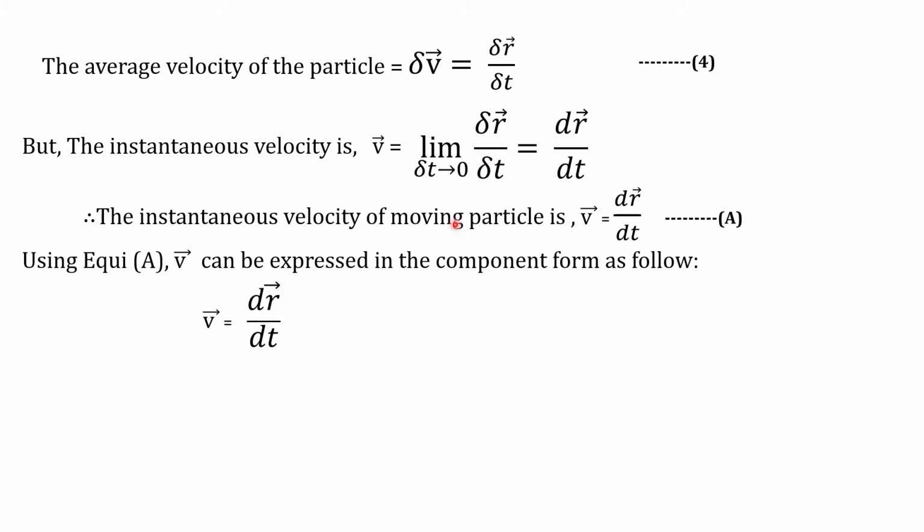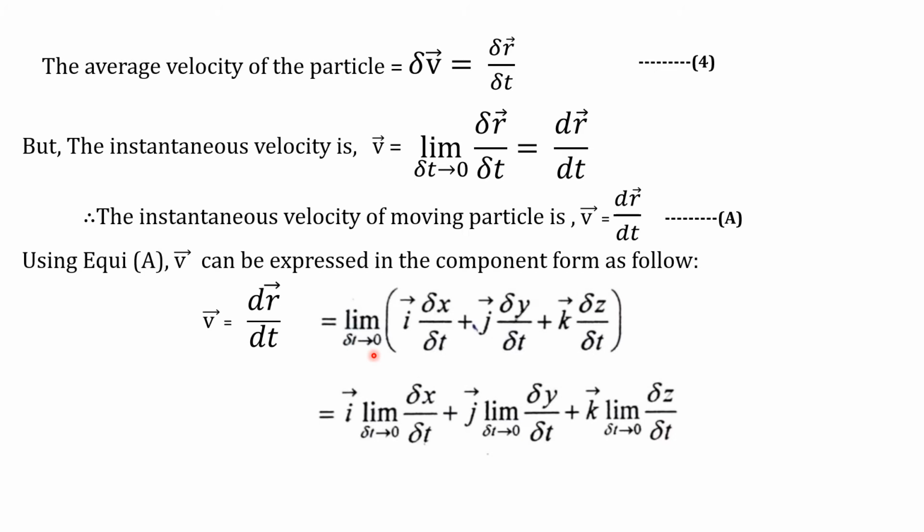Therefore, simplifying this term, we rewrite the limit as delta t tends to 0 of d by dt of ix plus j delta by delta t of y plus k delta by delta t of z. Separate each term, take ijk outside.